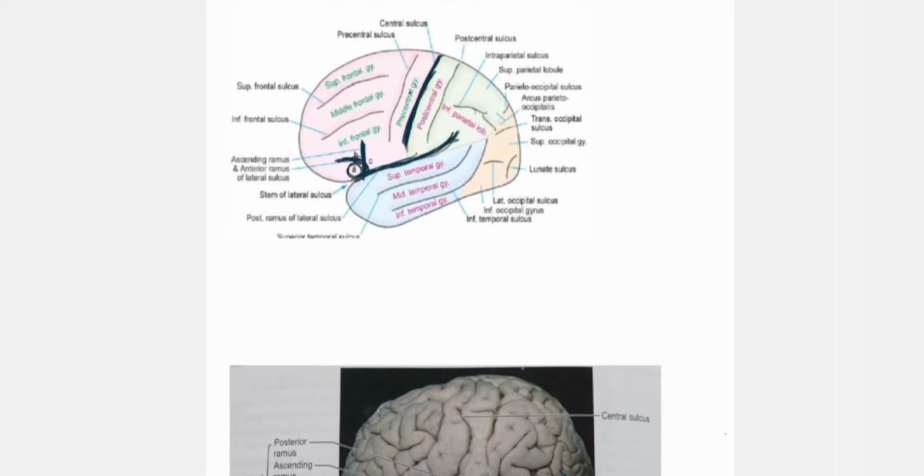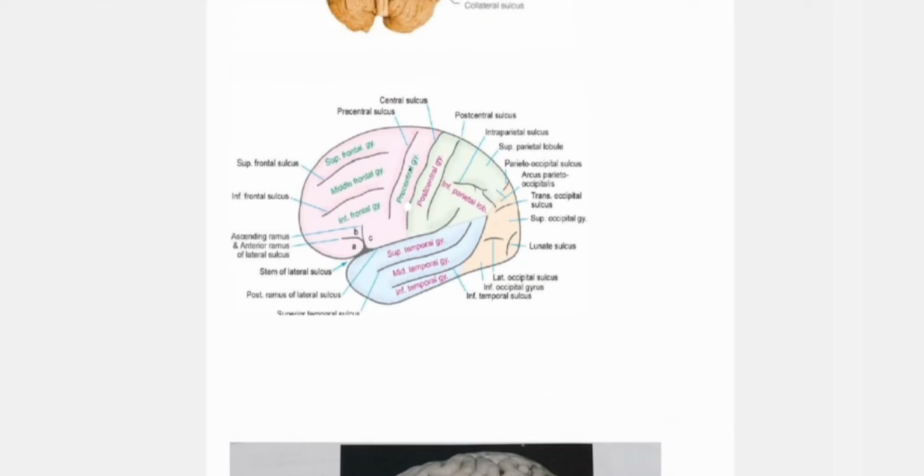This portion is the pars orbitalis, this is the pars triangularis and this is the pars opercularis. These are the different portions formed by the lateral sulcus.